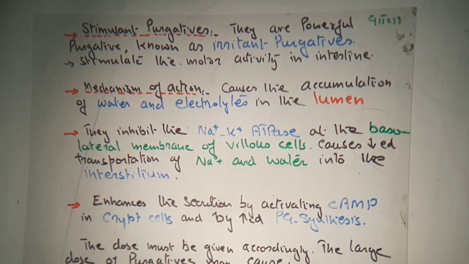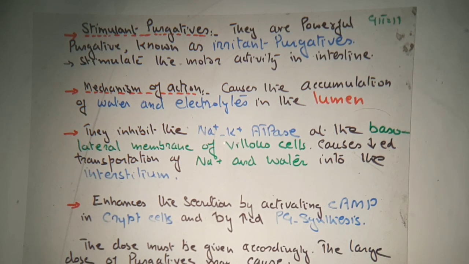On one side they cause irritation, on the second side they cause an increase in the absorption of water and electrolyte, and when there is an increase in the absorption, there is accumulation of this water and electrolyte in the lumen, and they cause an increase in the bulk material of the bowel, right? So this may cause the irritation.